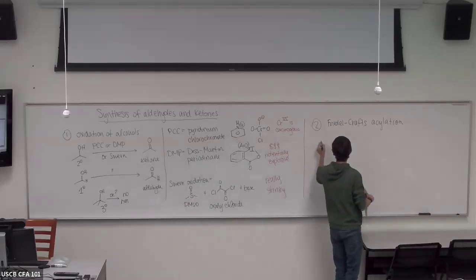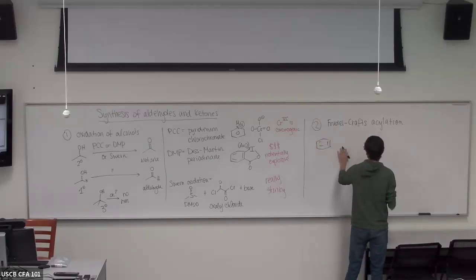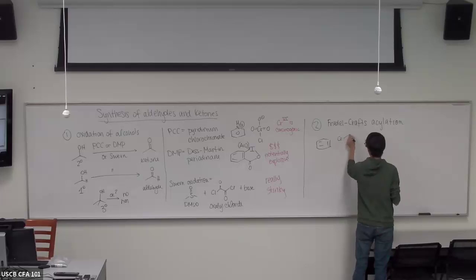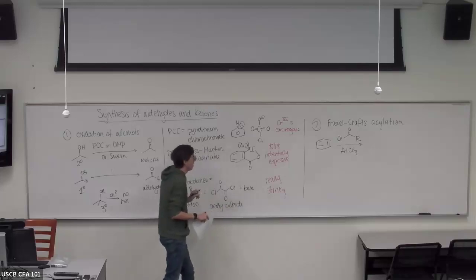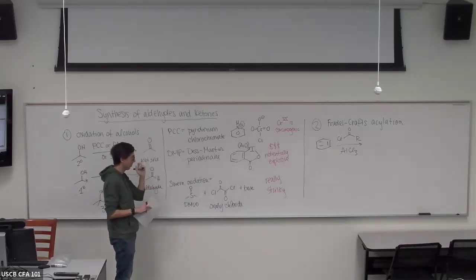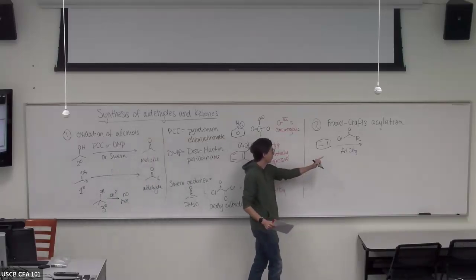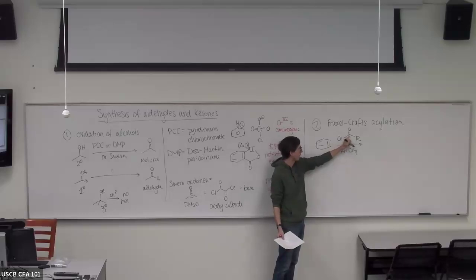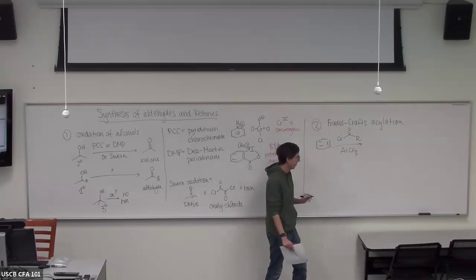So just as a reminder of what Friedel-Crafts is, we take our benzene ring, treat it with an acyl chloride or an acid chloride, whatever you want to call it, with aluminum chloride as a catalyst. And that's just going to form a carbon-carbon bond between the carbonyl and benzene.